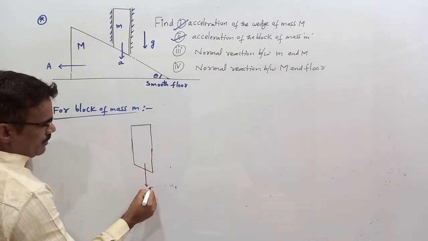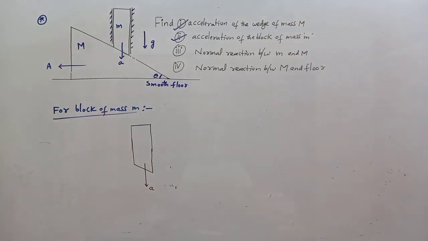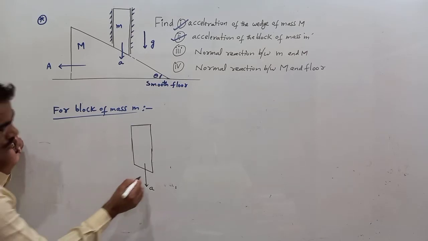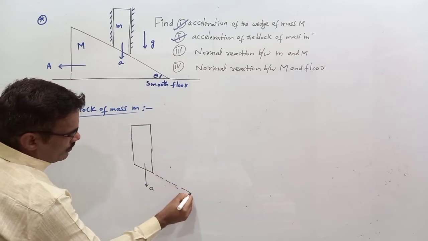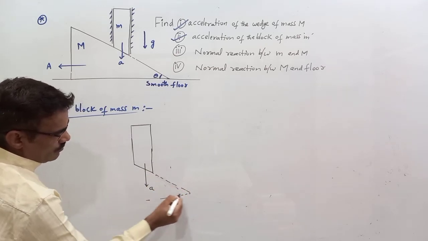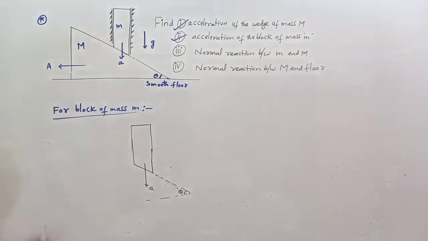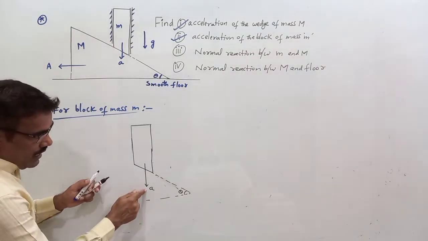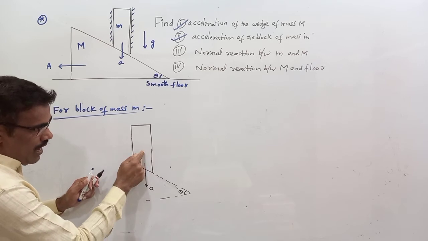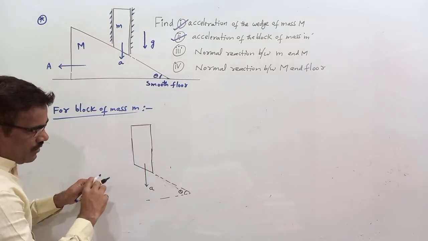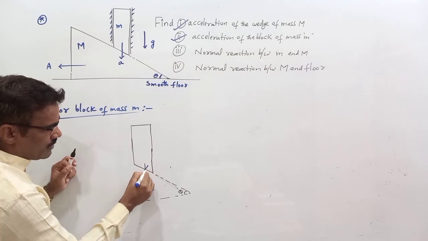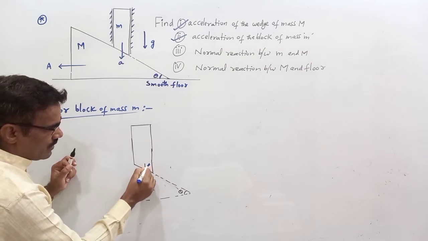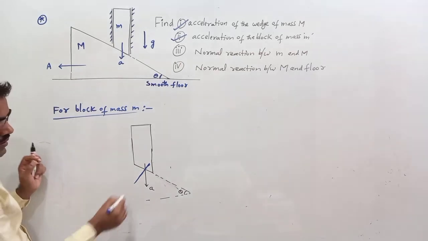Here vertically downward, clear? We know that it is extended. Draw a horizontal. This is theta. I want the acceleration of this block perpendicular to the contact surface.